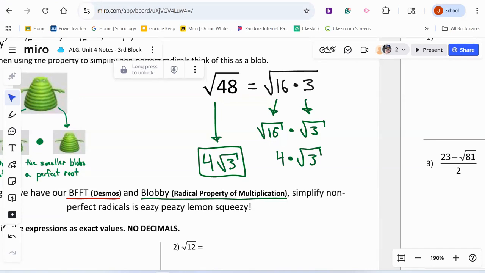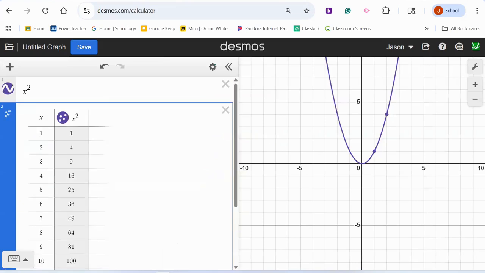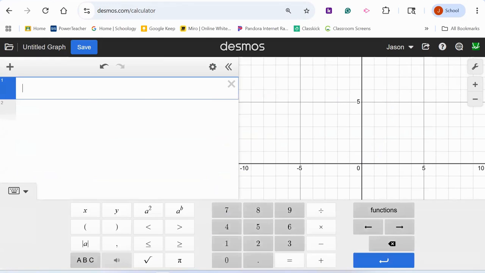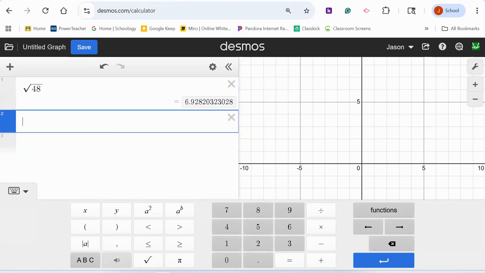All right, guys. And so if you are asked for exact values, meaning no decimals, because if we go to Desmos and we do the square root of 48, you can see we're going to get an irrational decimal, which you would have to round.